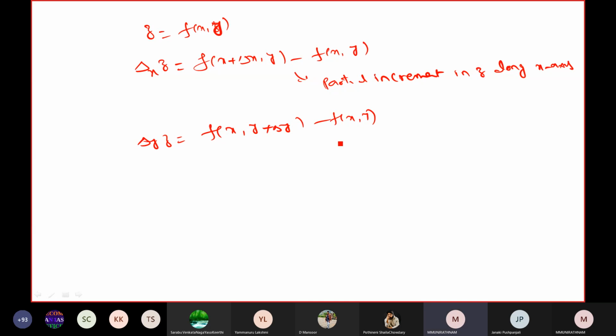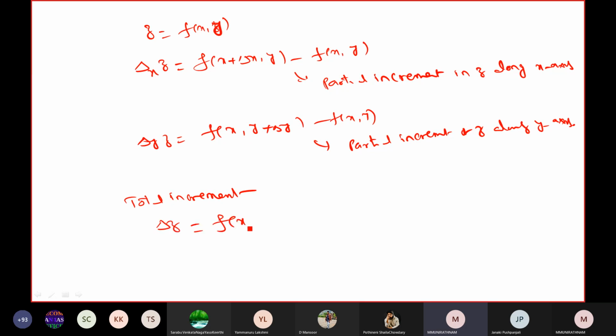So this is the partial increment of z along the y-axis. Similarly, the total increment, meaning the change in both directions, will be delta z.